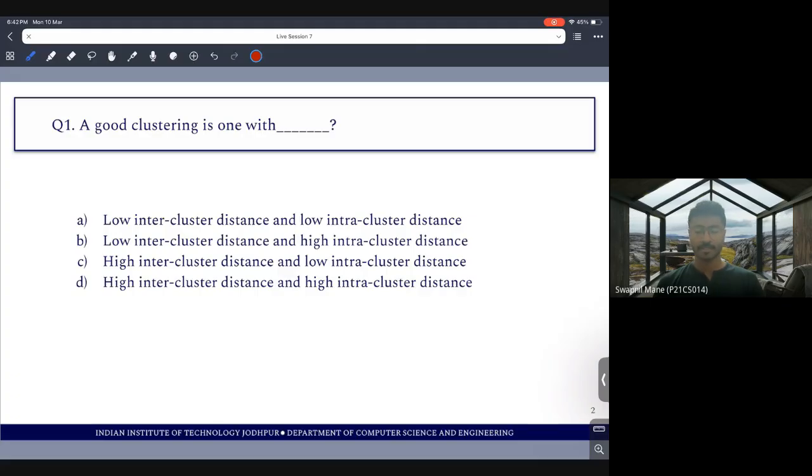Are you understanding? The points within a cluster should be closely connected to each other, and two different clusters should not be close to each other. Okay, you might be getting confused, so we'll visualize it here. Suppose you have points distributed like this.